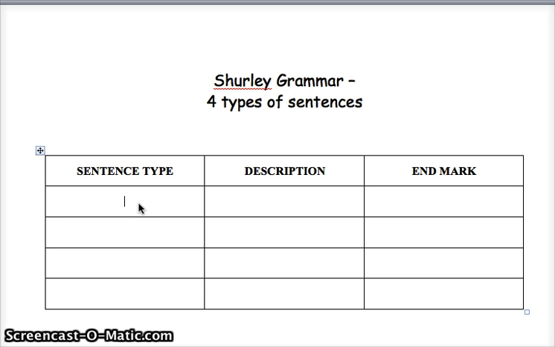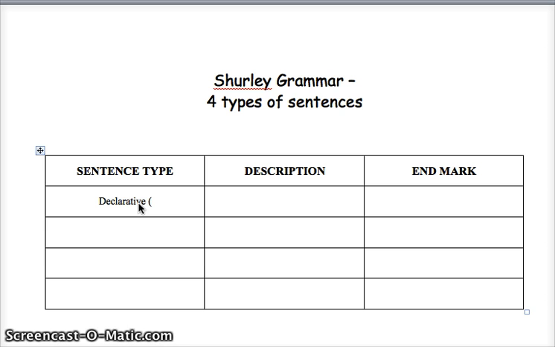I'm going to complete it with you. And so the first sentence type that we have, it is the most popular. If I had to guess, I would say probably 80% or more of our sentences fall into this particular category. And so the first type of sentence is a declarative sentence.